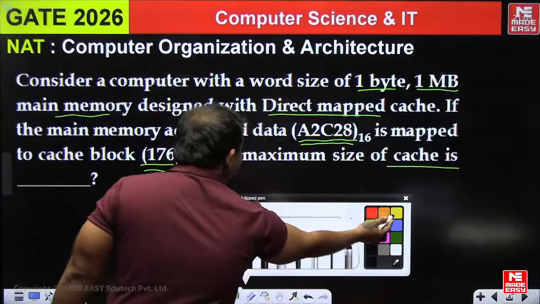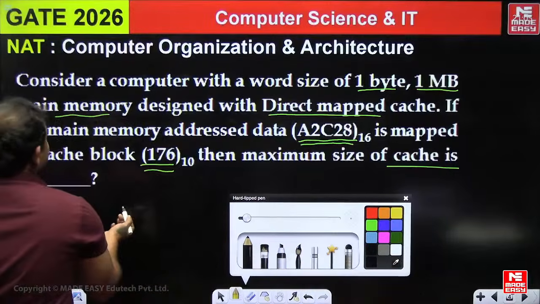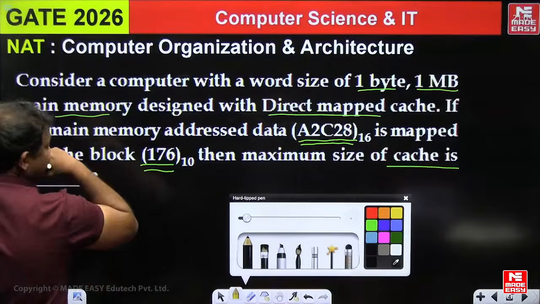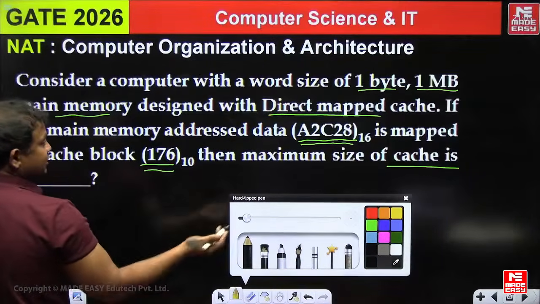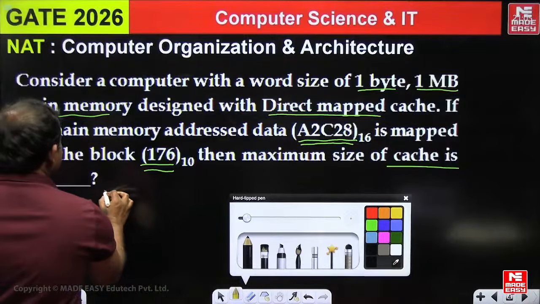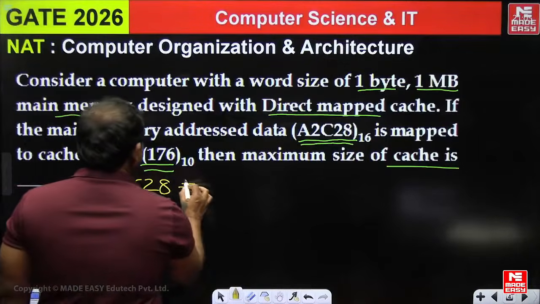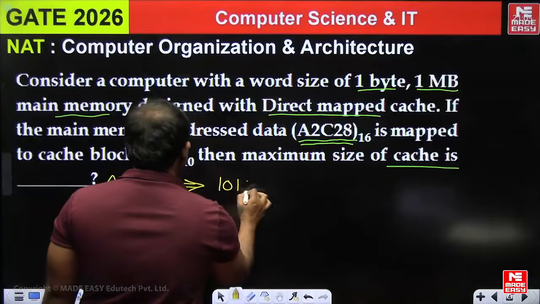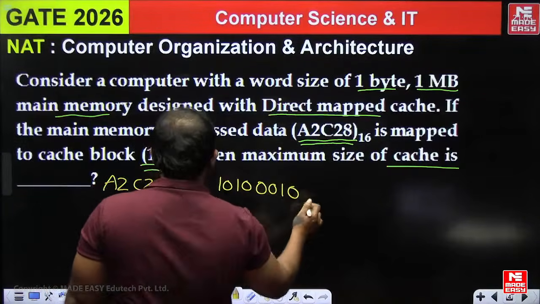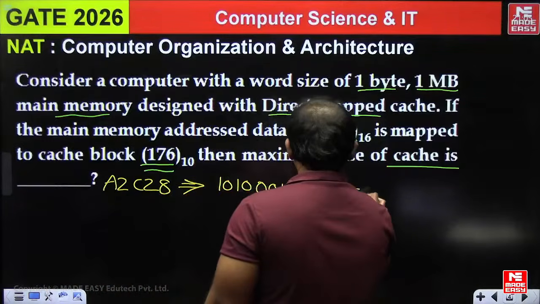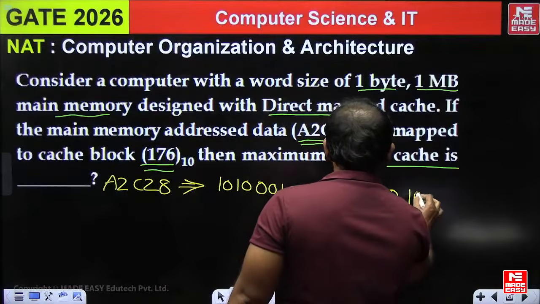Here the direct mapped cache address format is tag, line offset and word offset. A2C28 is given, and its equivalent binary is 1010 0010 1100 0010 1000.